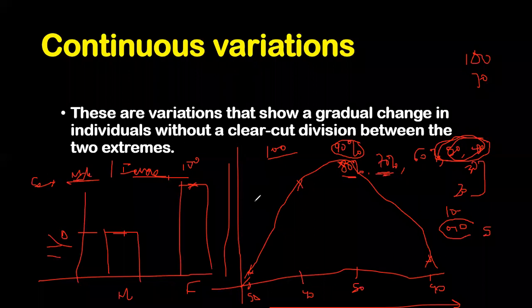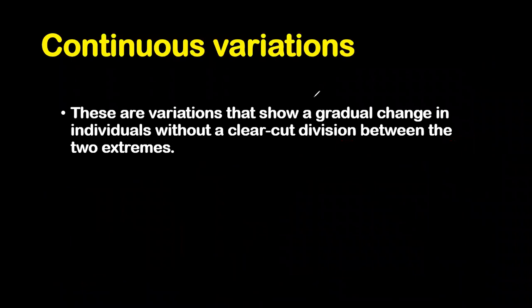So for a variable that gives that continuous data, this is what we call continuous variation. So let's think about some few continuous variations.